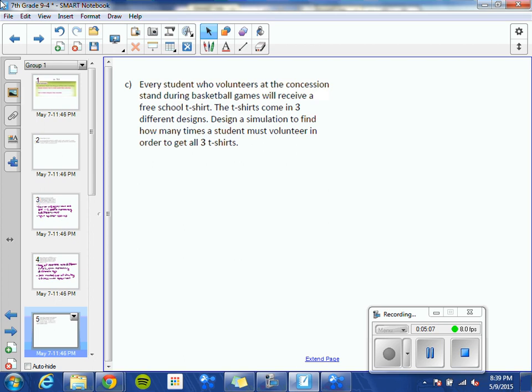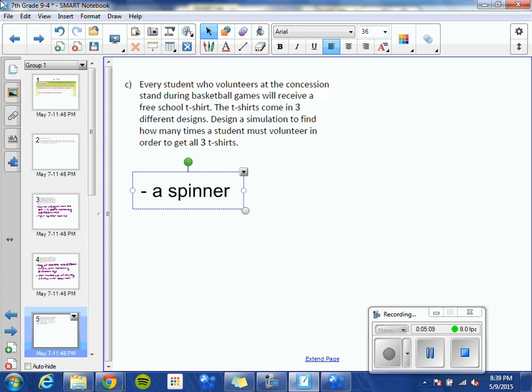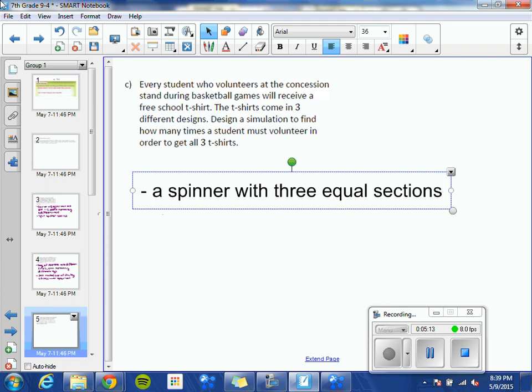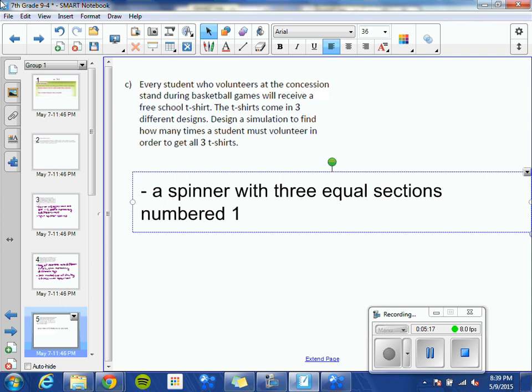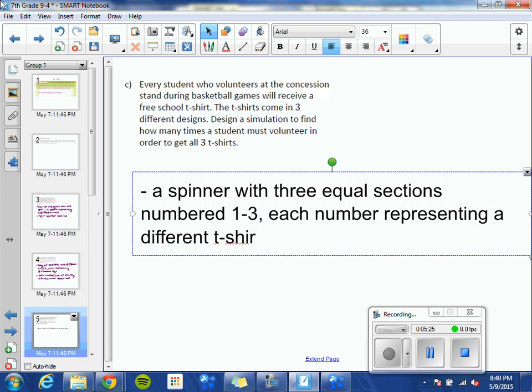So we could have a spinner with 3 equal sections, numbered 1 through 3. Each number representing a different t-shirt.